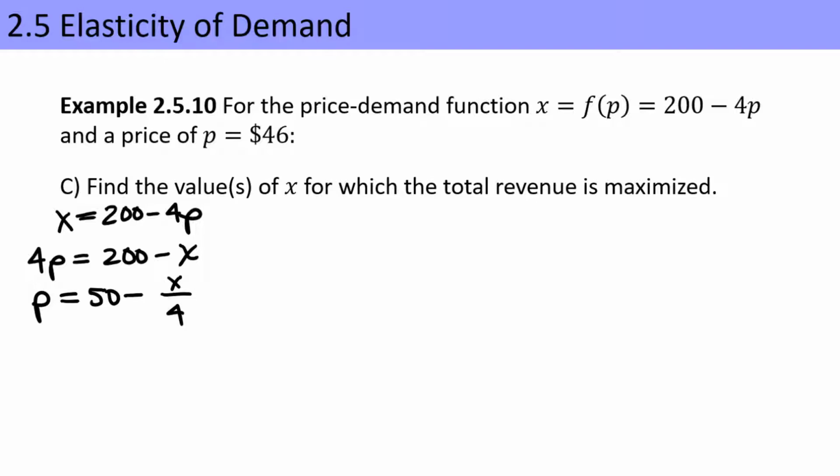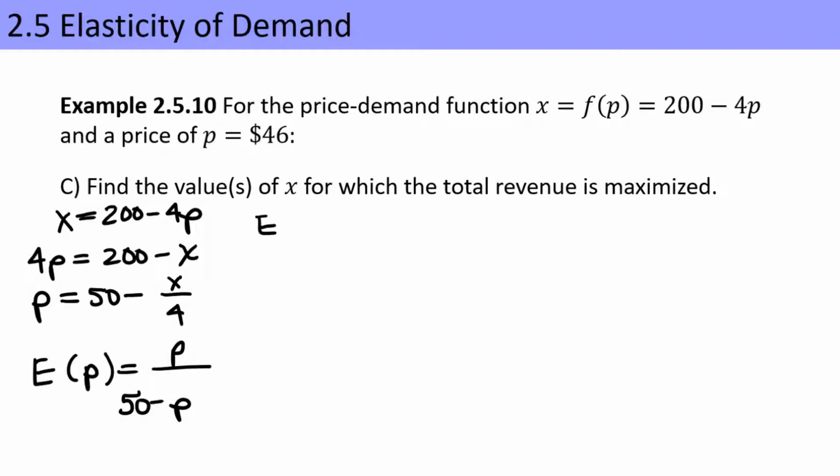We solved previously that the elasticity of demand with respect to P was P divided by 50 minus P. However, we want this in terms of X, so every place we have a P, we're going to replace it with its equivalent, 50 minus X over 4.